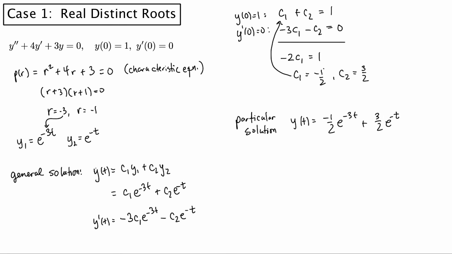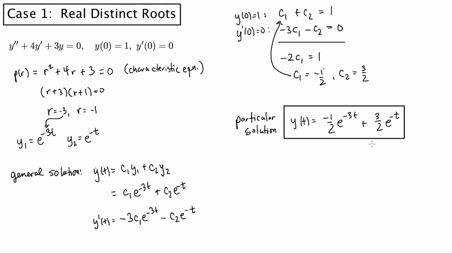And it's important that when you do this, you put the correct constant with the correct function, otherwise it's incorrect. So the -1/2 goes with e to the -3t, the 3/2 goes with e to the -t. So this is our particular solution, and we will talk in future videos, when we look at spring mass systems, about how this corresponds to what's called the overdamped case.